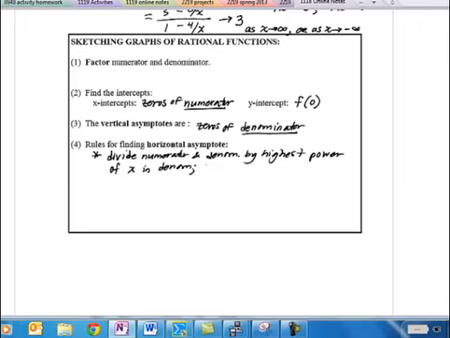And then think about what happens as x gets large, either large positive or large negative. We'll come back to the screen and we'll write down some general rules, but for now what we want to do is do exactly this. Divide the numerator and the denominator by the highest power of x in the denominator, and then think about what's going on as x is getting large.